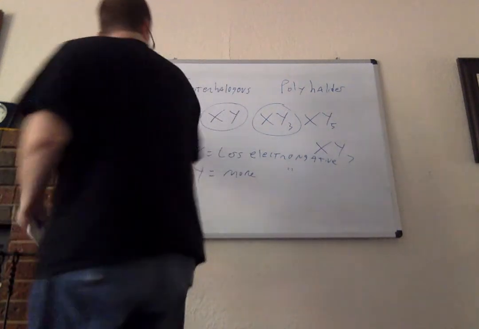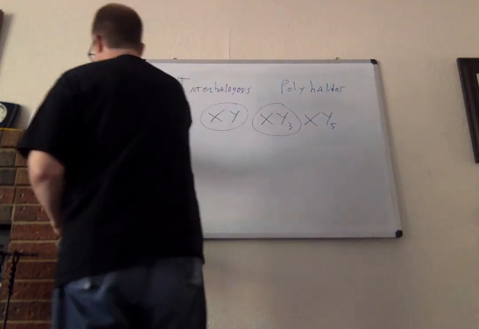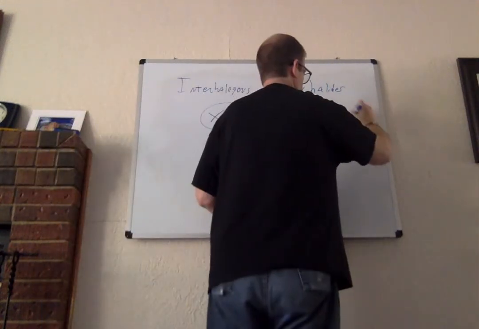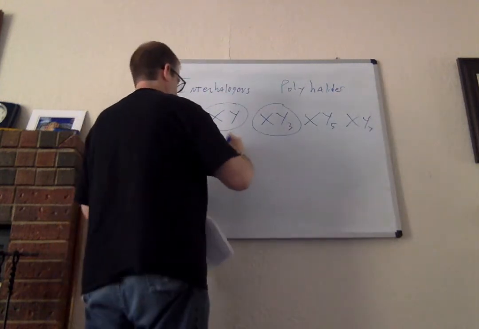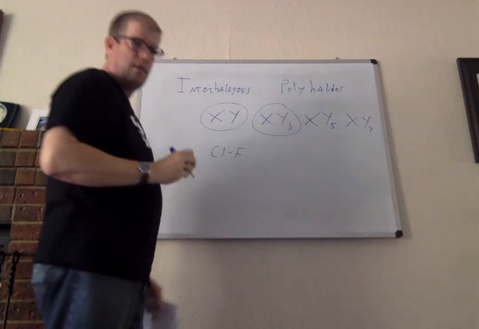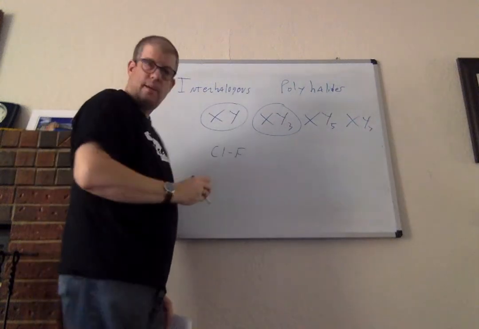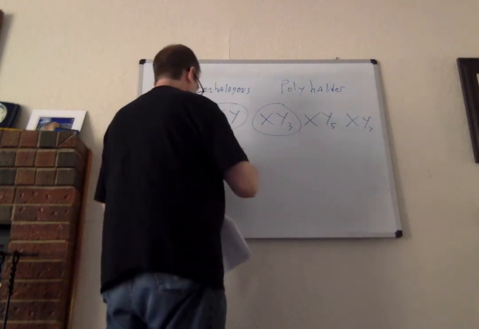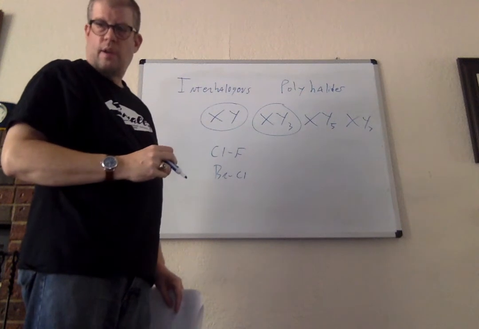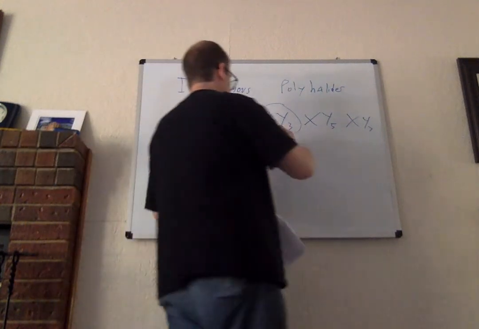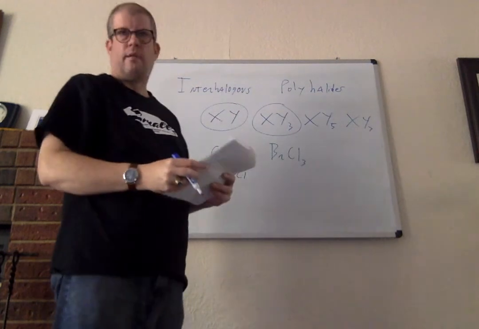What I mean by that, if you want specific examples, is we could have chlorine fluoride, ClF, where this is the Y and that's the X. Or you could have BrCl, etc. You could also have bromine trichloride.